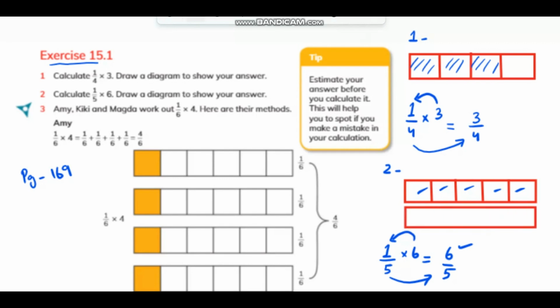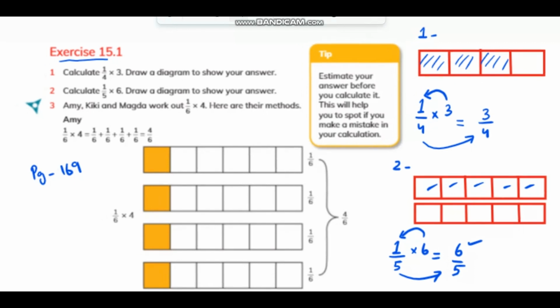Draw it with me: 1, then 2, then 3, then 4 and 5. So now we have total parts 5. Now look here, let me erase this one.